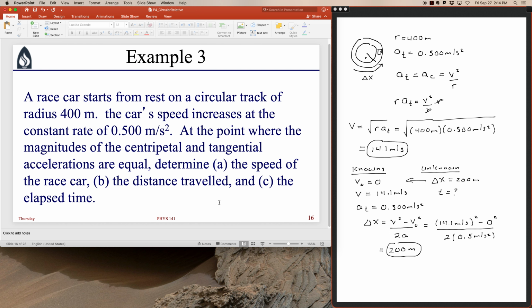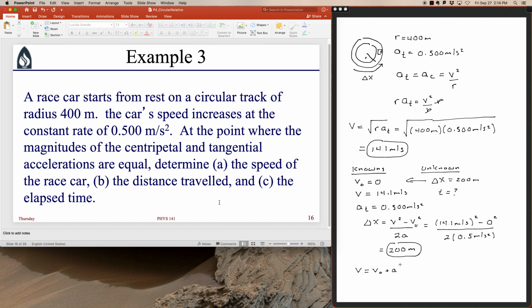So now I have all of these knowns, and I need to solve for time. There's a bunch of different equations that would work at this point because I have so many things that I've already solved for. But if I look at the constant acceleration equations, I think the one I'll choose is the one that says that final velocity is equal to initial velocity plus acceleration times time.